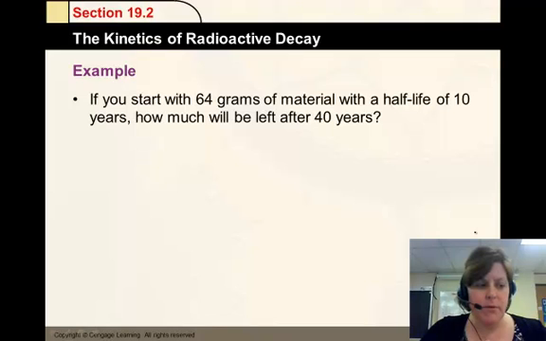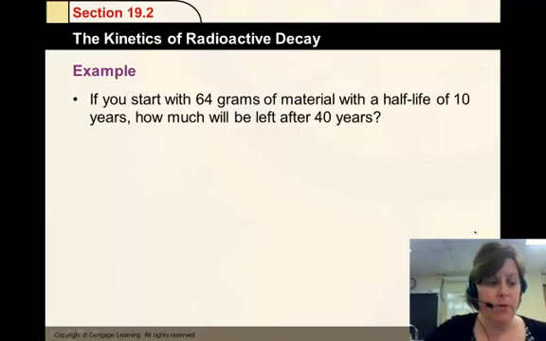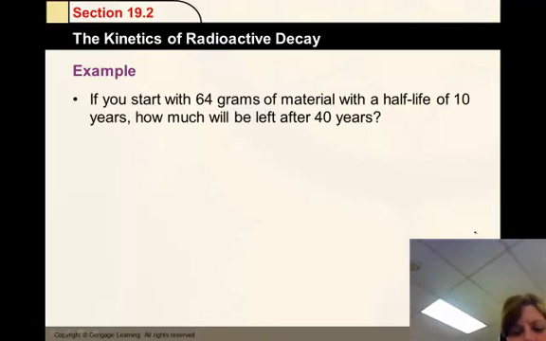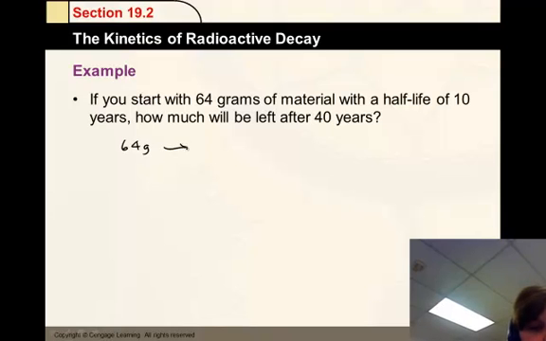Well, we can do it one of several ways. I'm going to move this a little bit so I can write better. So you're looking at the ceiling, I think, so I apologize for that. If we start with 64 grams of material, then after one half-life, 32 grams would be left, and that would be 10 years.